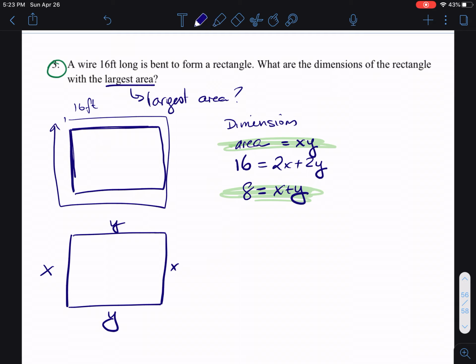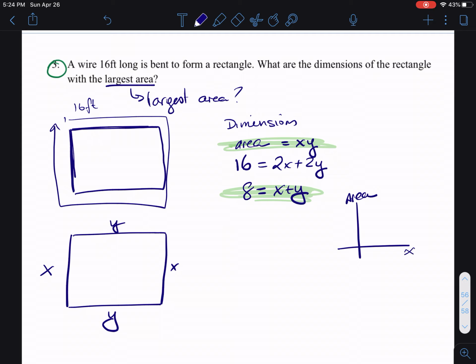So to maximize, we really need to be able to draw a function. And I wonder if it's going to be something like this. I don't know. Maybe it's going to be something like this. We don't really know until we're able to graph it. But what we do know is that we're going to have the area on the vertical axis and some dimension on the horizontal axis.